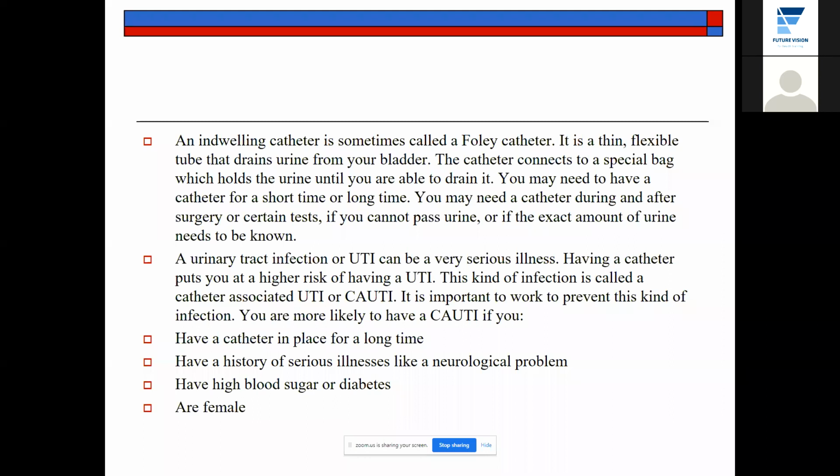Also the catheter, we might have a catheter for a short term or a long term.